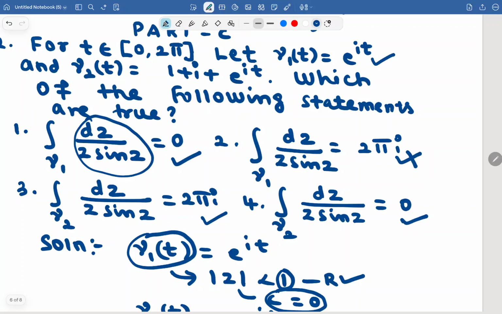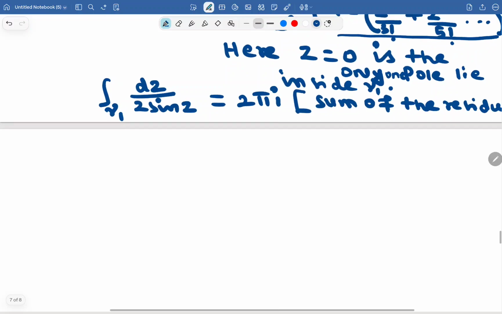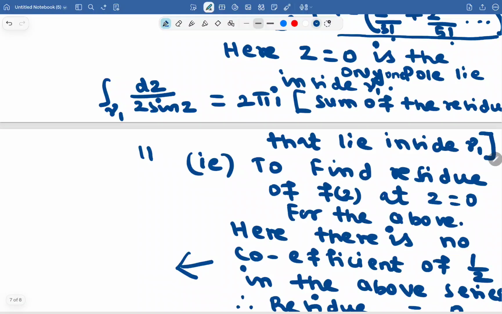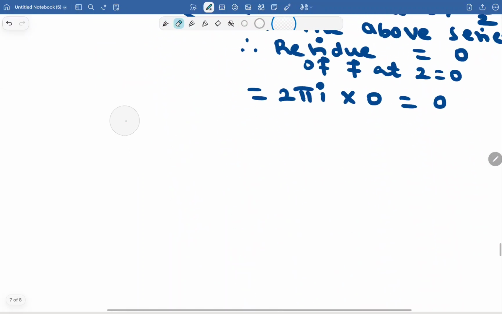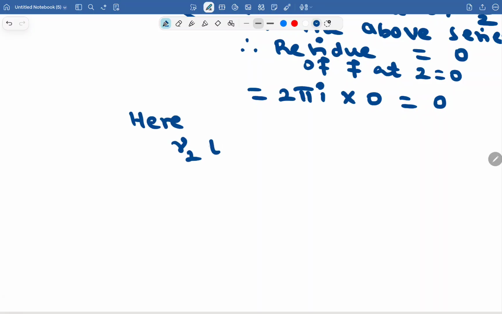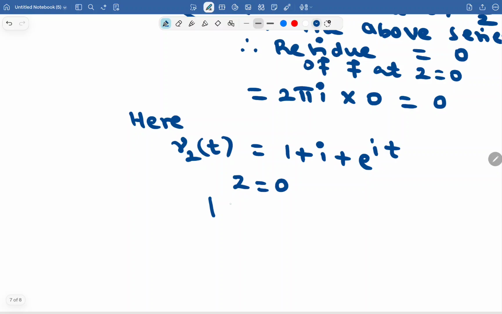For the third one and the fourth one, we have to check for γ2 of t, that is 1 + i + e^(it). Now I am going to check whether z = 0 lies inside γ2.